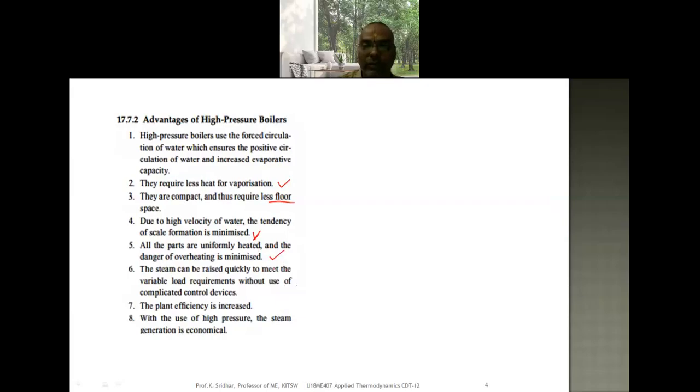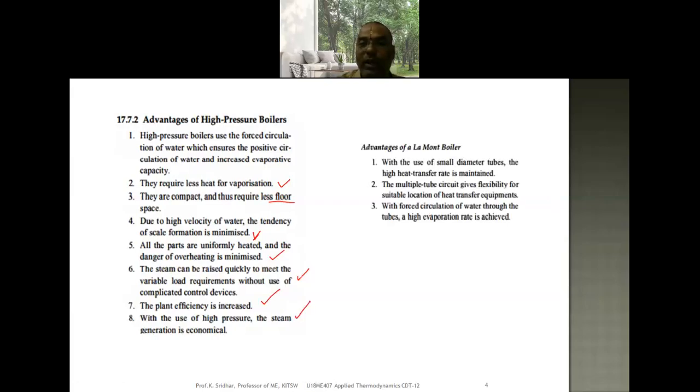The steam can be raised quickly to meet variable load requirements without the use of complicated control devices. The plant efficiency will increase with the use of high pressure. The steam generation is very economical. These are the brief descriptions of the advantages and characteristic features of the high pressure boilers.